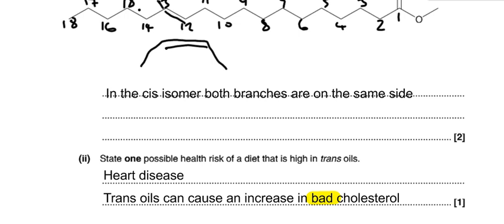That's LDL, low density lipoproteins. So it's that they were looking in June 13 for that keyword cholesterol. So what's the problem with trans fats or trans oils? They cause heart disease. Trans oils can cause an increase in bad cholesterol.